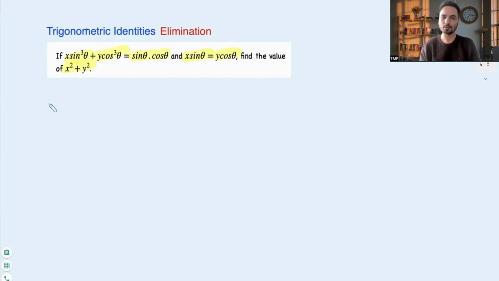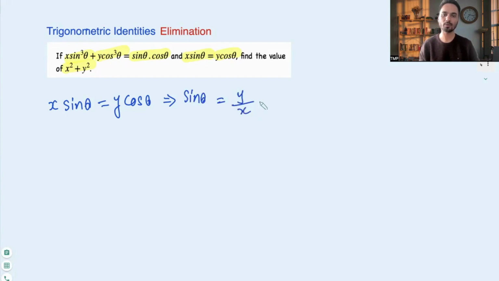From the second given equation, we have x sine theta equals y cos theta. And from here, we can find the value of sine theta as y over x cos theta.